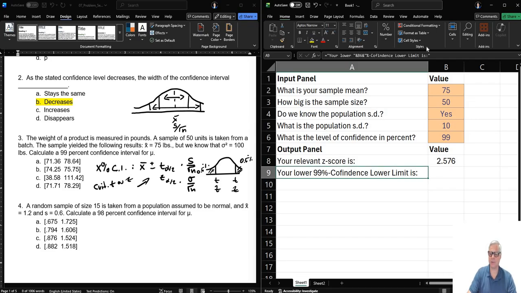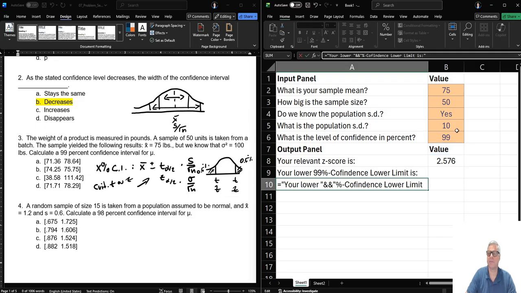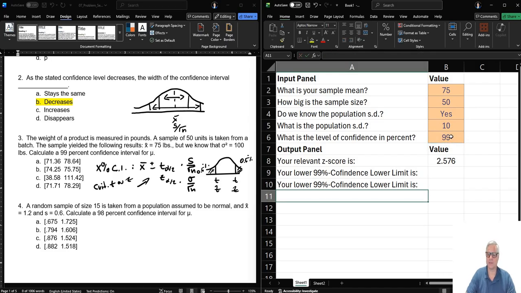And now we can do the same thing for the upper. So I copy and paste this formula down. You can copy down in Excel with Control D, and then we just change your lower, and you have to change the cell B7, go back to 99, and now it says your lower 99%, but we have to change that to upper.